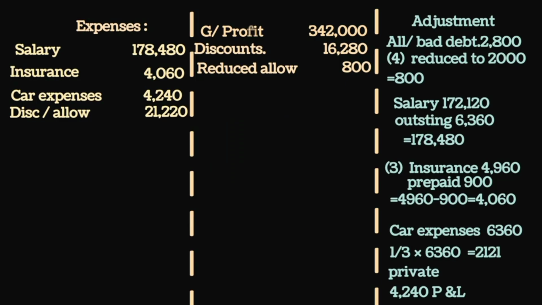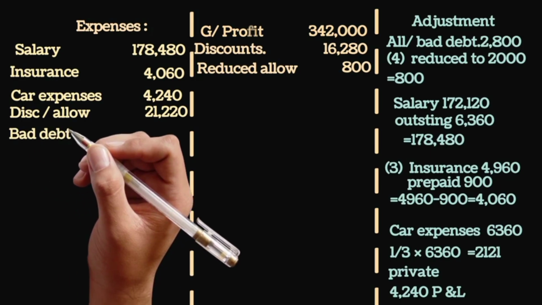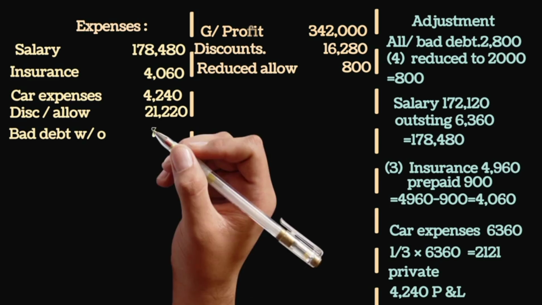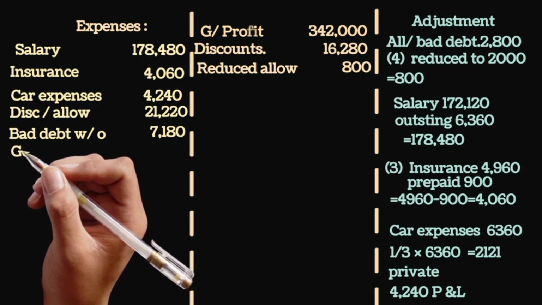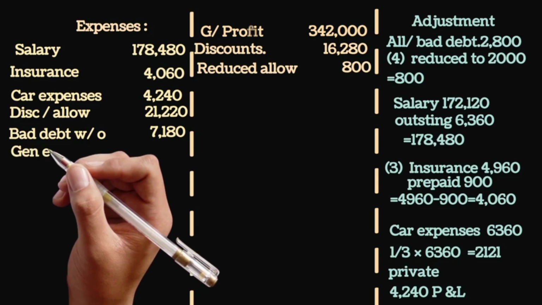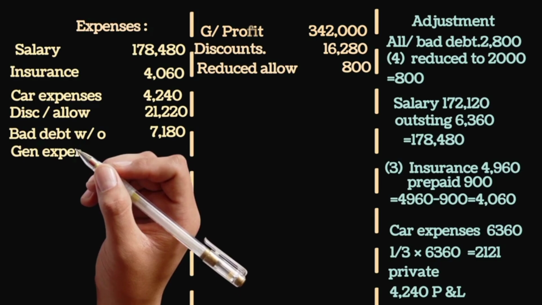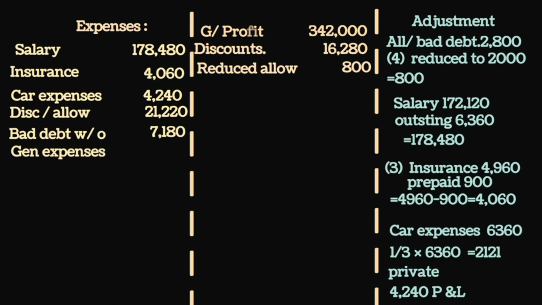Now, discount allowed is an expense. There's no adjustment information for discount allowed, so it remains the same, 21,220. The next one is bad debt written off. The bad debt written off is an expense, and there's no adjustment information there, so it remains at 7,180.